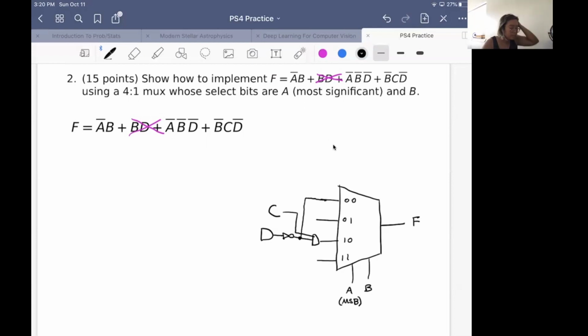All right. So now the last case I need to look at is the case where AB is equal to 1, 1. Just looking at this expression for f, I know that there is going to be a 0 at mux input number 3, or mux input 1, 1.